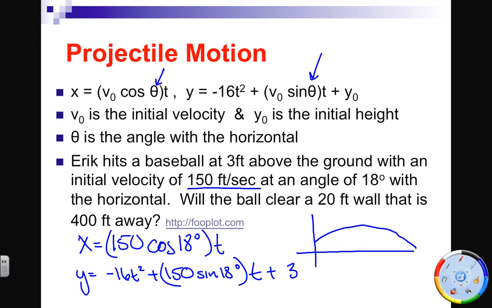And I need to look at 400 feet away from the plate. So I'm going to go to 450 just to be safe. And I'm going to go again by a step of 45. Your y min, y max, not super important. But y min, probably ground level, which is 0. And y max would, let's just go to 100.